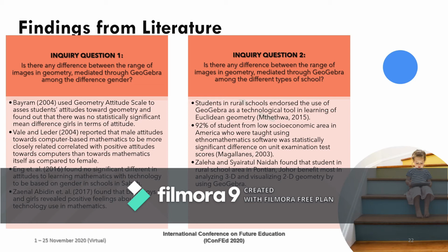Bayram 2004 used the geometry attitude scale to assess students' attitudes towards geometry and found that there was no statistically significant mean difference between boys and girls in terms of attitude.